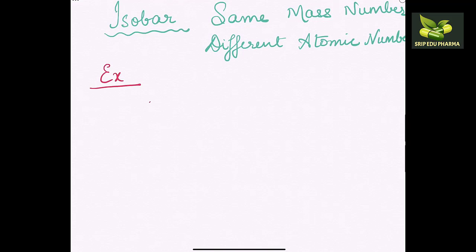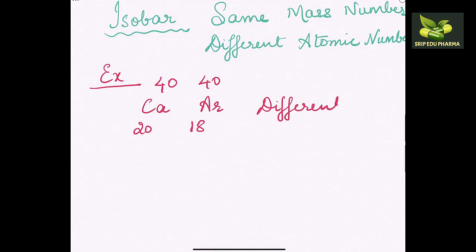Then we will be discussing the second term, which is isobar. Here iso means equal, bar means weight. So in isobars, the mass number is the same but the atomic number is different. And this is for different elements like calcium and argon.